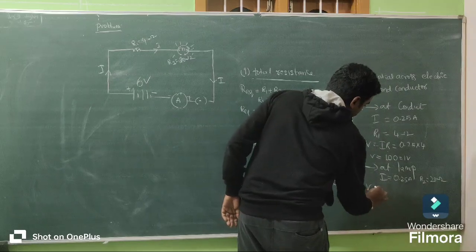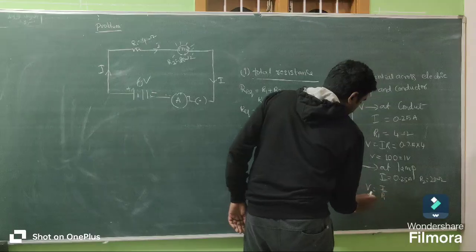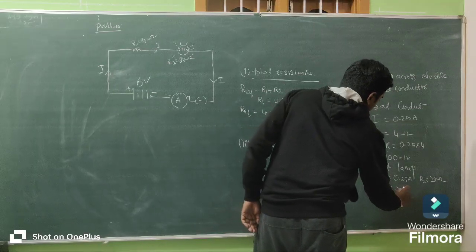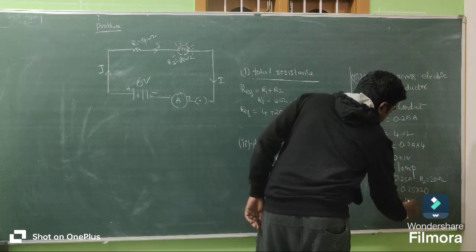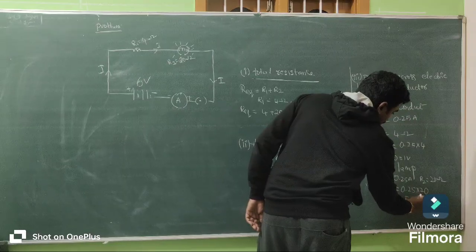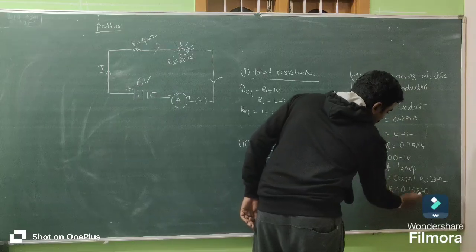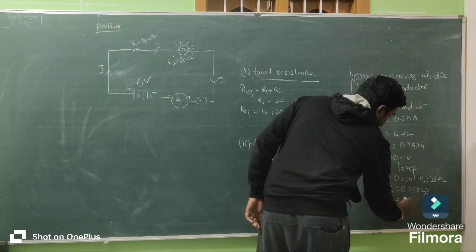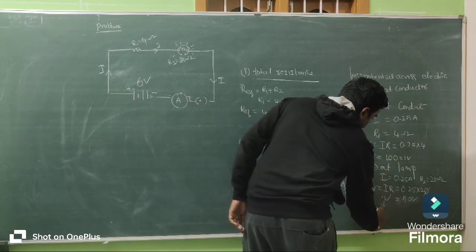So V is equal to IR. 0.25 into 20 is 5.0 volt, V at lamp.